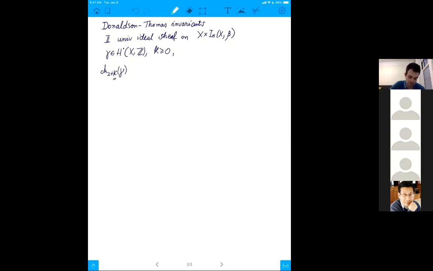And gamma is an insertion, a class that will correspond to an incidence condition on X. So this will go from the homology of I_n(X, beta) with Q coefficients into the homology of I_n(X, beta), once again with Q coefficients. And the formula is as follows.